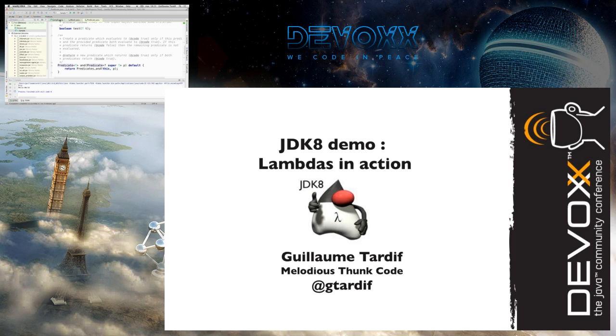But coming back to our example, why exactly am I talking about this in a talk related to Lambdas? Well, it turns out that the reason for introducing these virtual extension methods is quite related to the introduction of Lambda in the Java language.